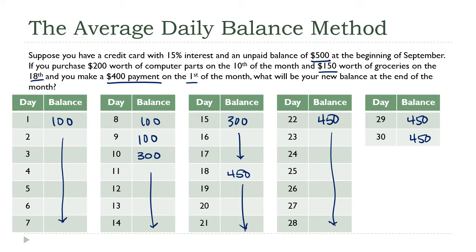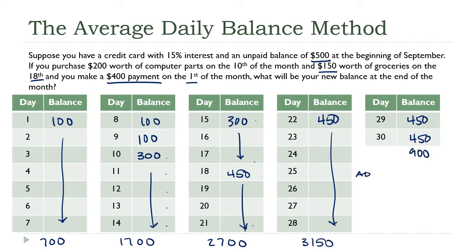All right, so now I'm going to do the same thing. I've got $700 from this week. See, 300 times 5 is 1,500 plus those 200s. This is 1,700. Let's see, 450 times 4 is 1,800 plus 900 is 2,700. 450 times 7 is 3,150, and here I've got 900.